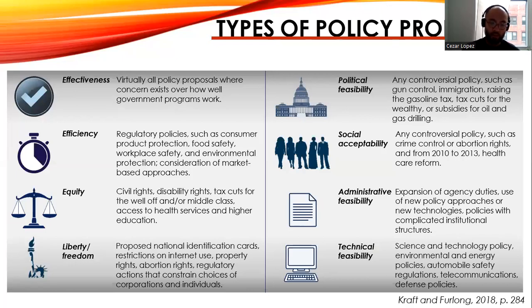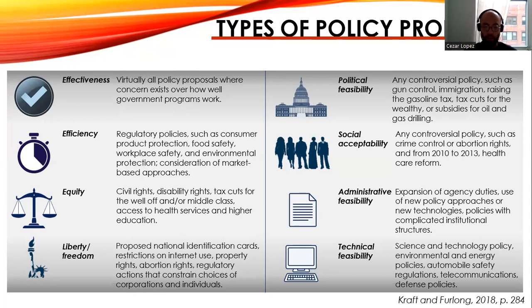Types of policy problems. The type of the problem being analyzed can also guide the selection of criteria. Effectiveness, where virtually all policy proposals where concern exists over how well government programs work.